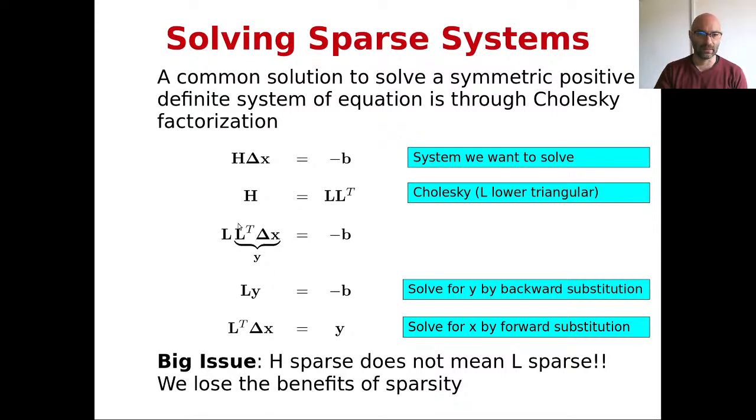First, solving the inner part by obtaining an unknown set of variables y, and then solving the upper part by obtaining the variables delta x, knowing the solution for y. Observe that the solution of these two linear systems boils down to the solution of triangular systems, which are the easy ones to solve, by respectively backward substitution and forward substitution.